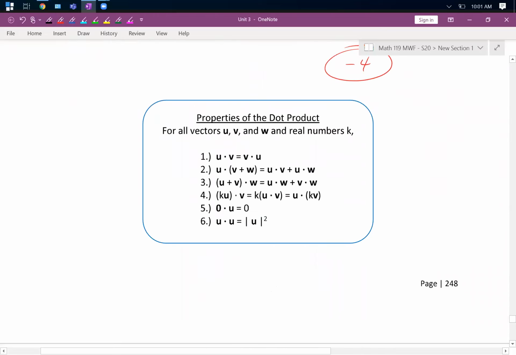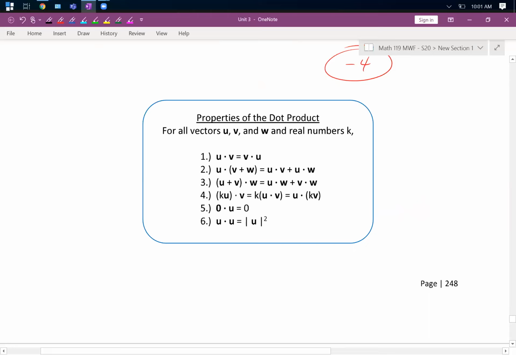So we've got some properties of dot products. It basically follows all of our properties of real numbers, of properties of vectors. It's true that dot product is commutative. That's our property number 1. Number 2 says that it is distributive. Number 3 also says dot product is distributive. Number 4 shows that dot product is associative.